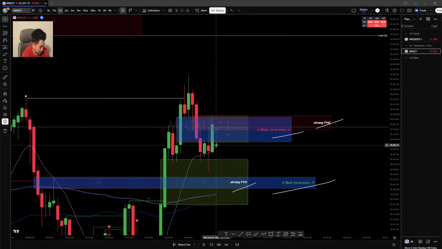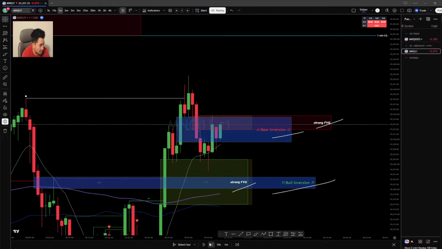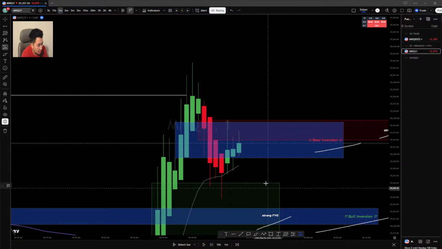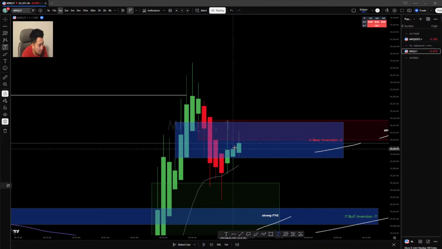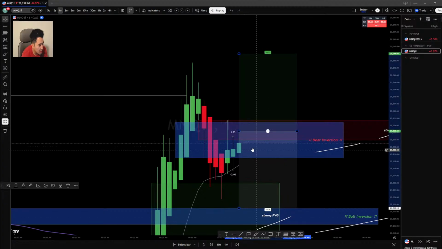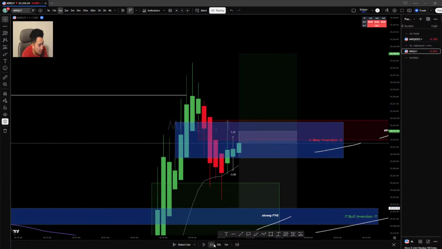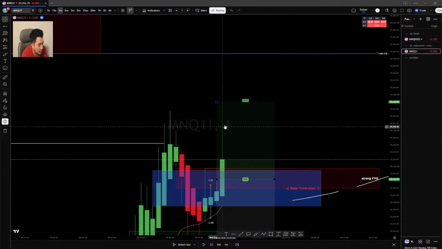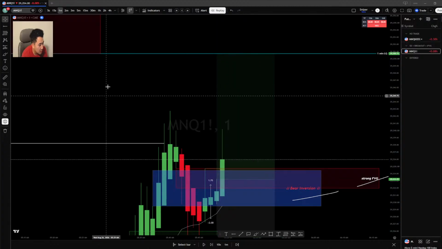Now initially I would go on the 1 minute and enter off of the next break of, let's see, I need a longer upper wick than the last one. The wick of this guy at the top is shorter, so I think the entry would be up here since this candle has a higher upper wick than a lower wick, but let me see what happens. Yeah, so you have entered there and then target up here.